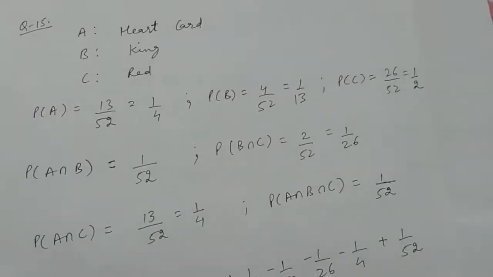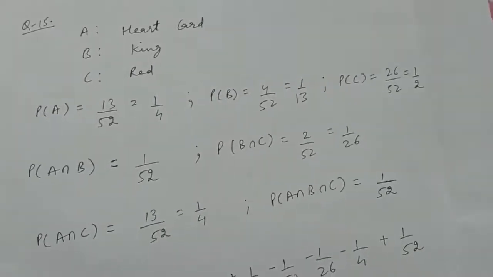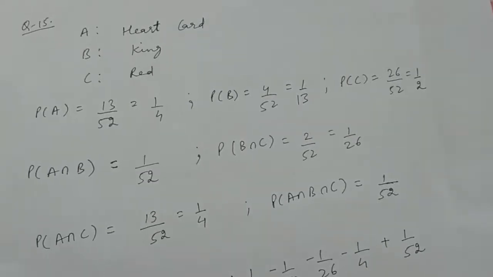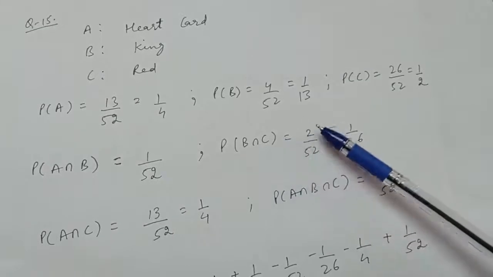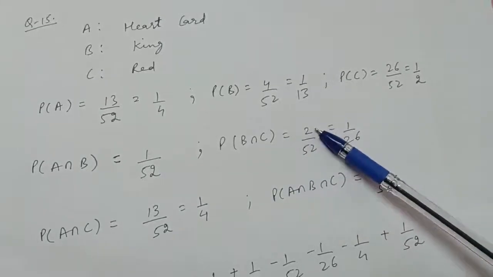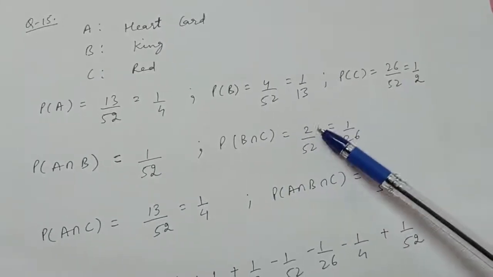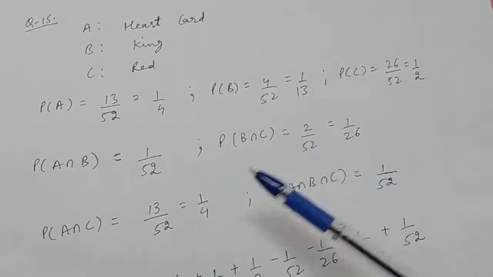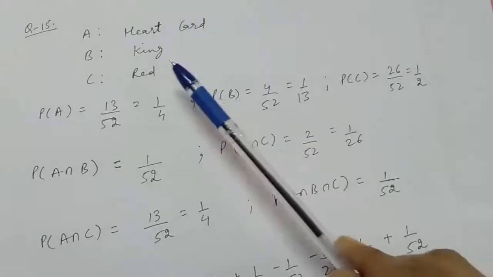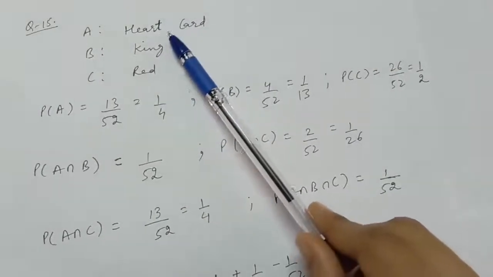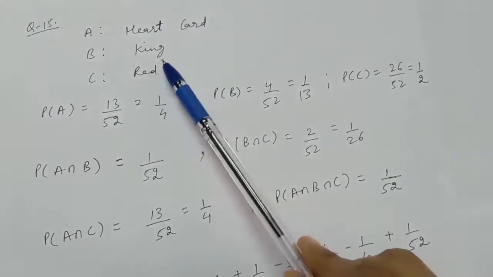Now there are 4 kings, out of which 2 are of red color and 2 are of black color. So probability of B intersection C will be 2 cards which are king and also of the red color, out of 52.